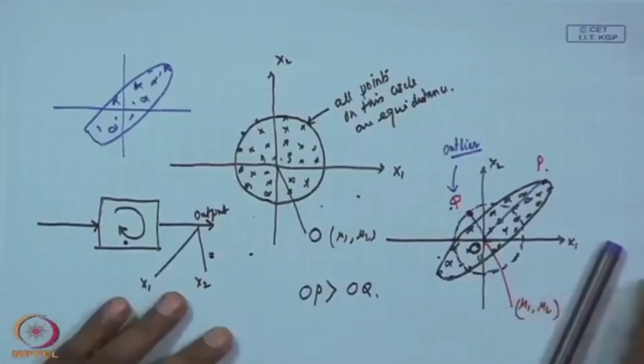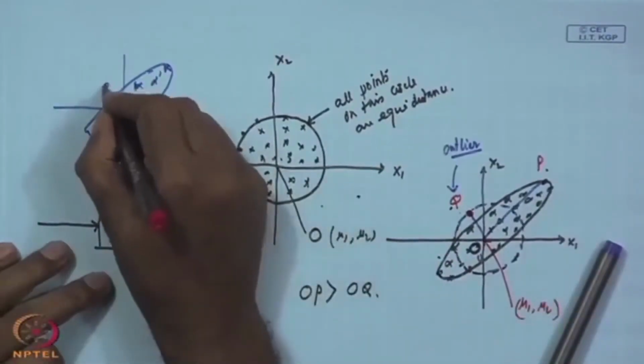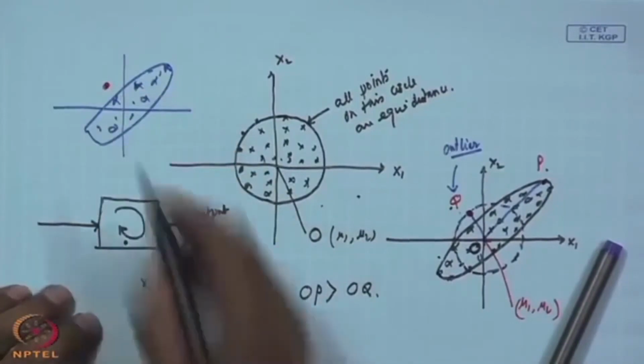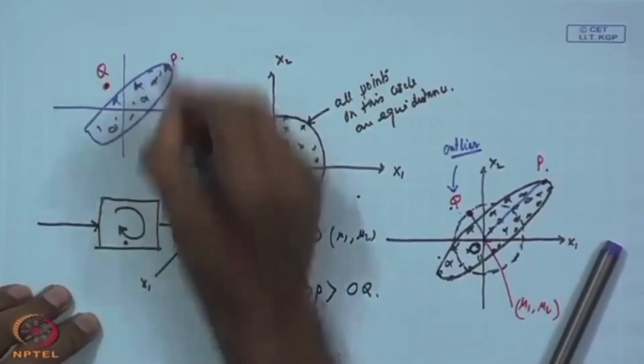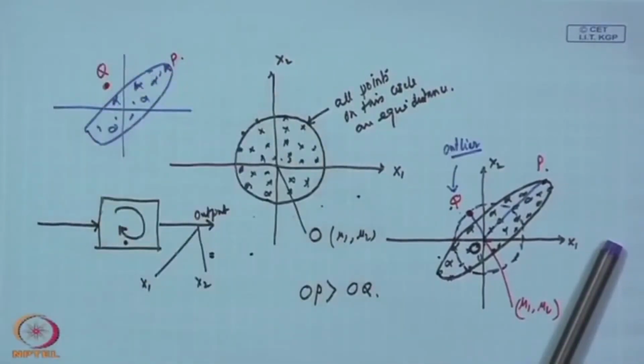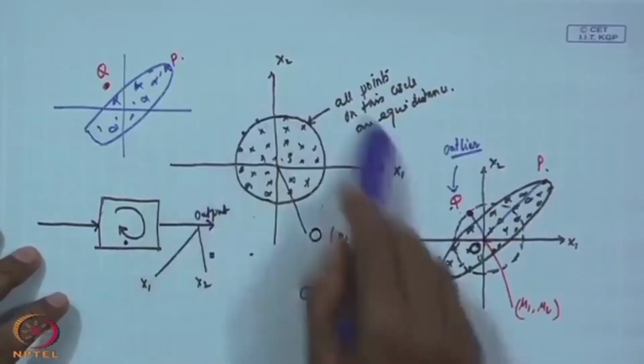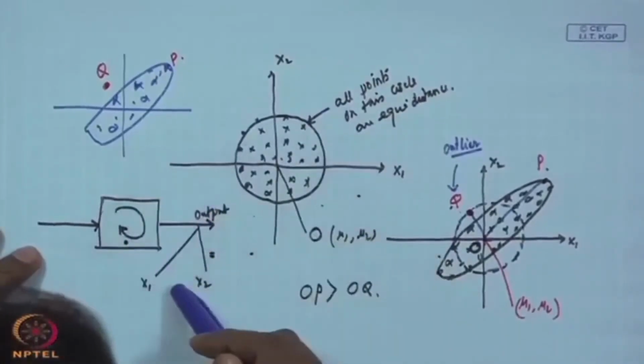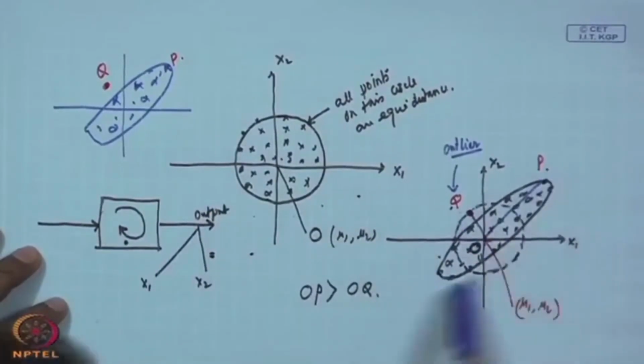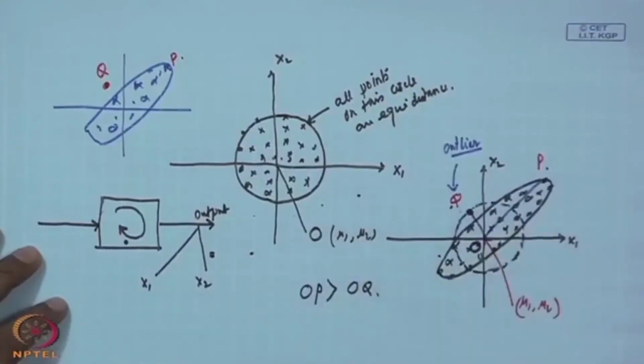Instead, your Q point is here, Q and P. It simply indicates that if we go by Euclidean distance measure, we cannot capture this behavior.